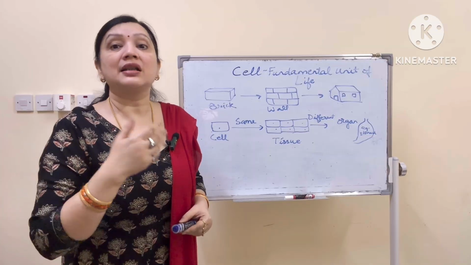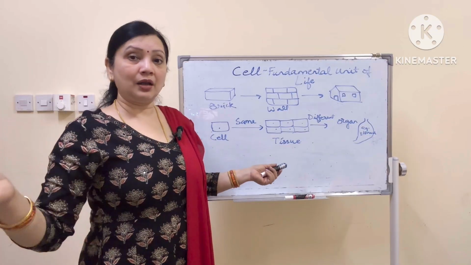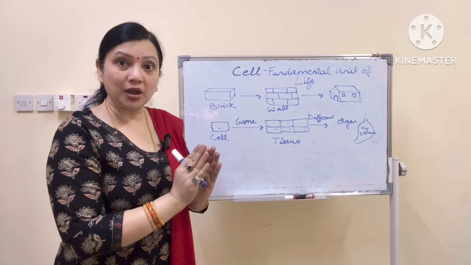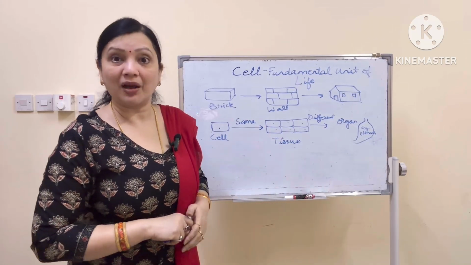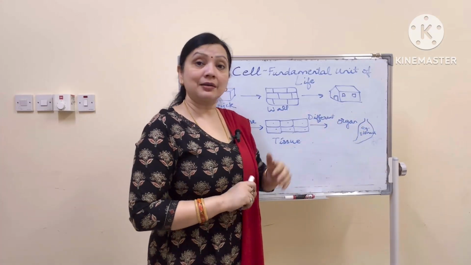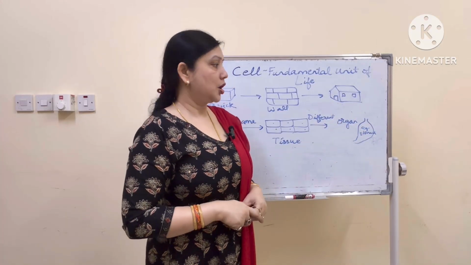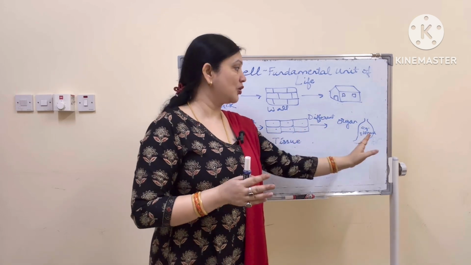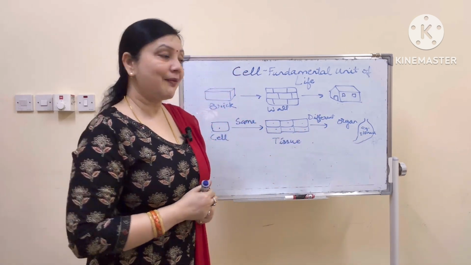You also know there is acid in the stomach. It cannot be all around in the stomach. It has to be kept securely in a tissue, otherwise the entire stomach may burn out. So there will be a different tissue where that acid is stored. So there are various tissues which combine together to make up an organ like the stomach.